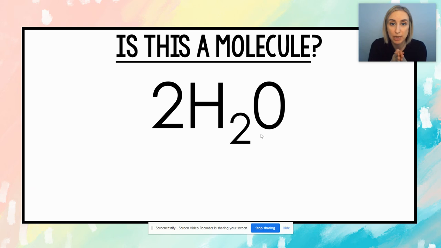Your goal is to make your models accurate as well. So what's going to happen is the guest teacher will put on a series of slides, just one at a time. You'll see the name of the molecule. You'll have like a minute. There'll be a little timer where you're going to go through by yourself at your desk, try to make it with the marshmallows and the toothpicks. When the timer goes off, your voice should be off.